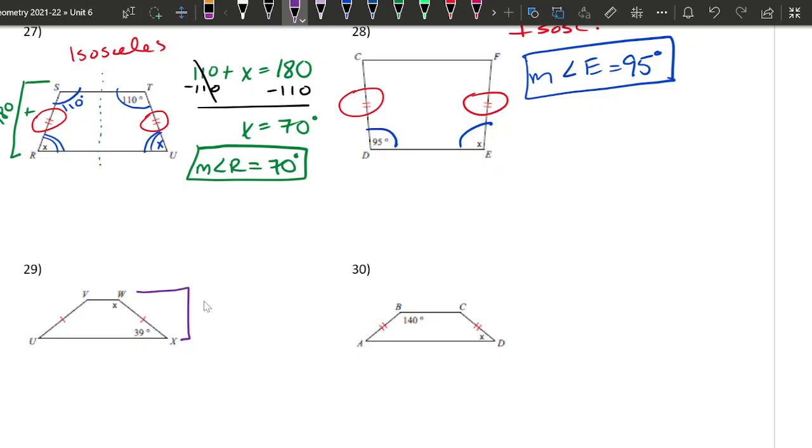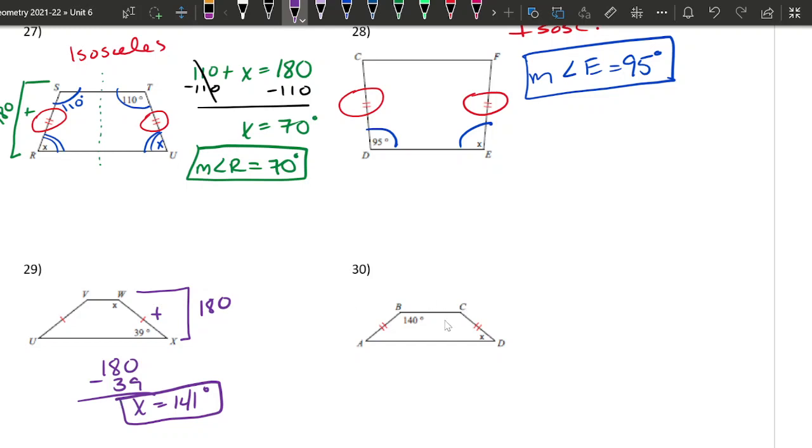So that means they add up to 180 degrees. If I add these two together, I could do 180 minus 39. So x equals 141 degrees. Kind of wrote that backwards.